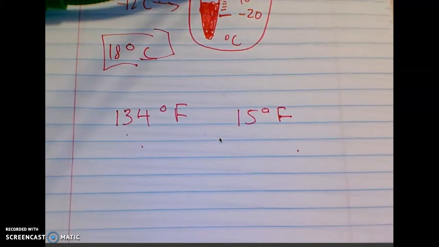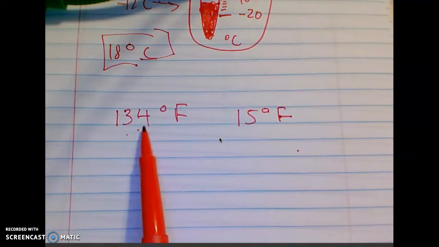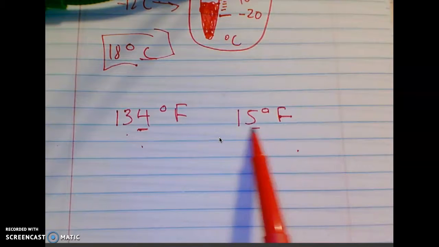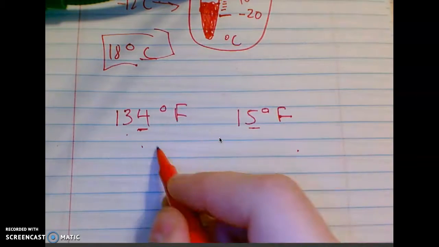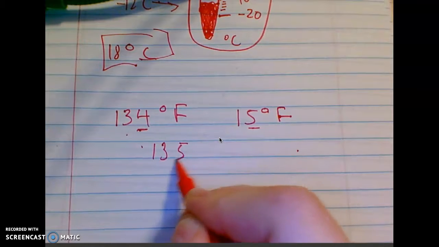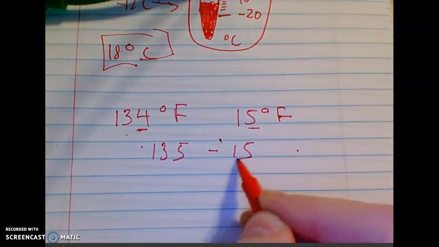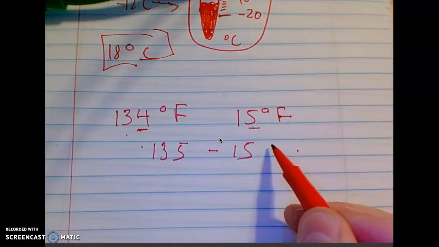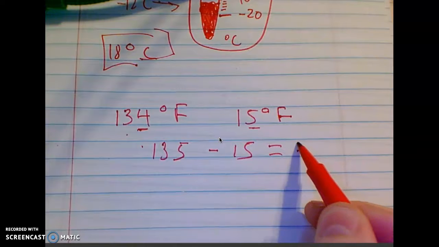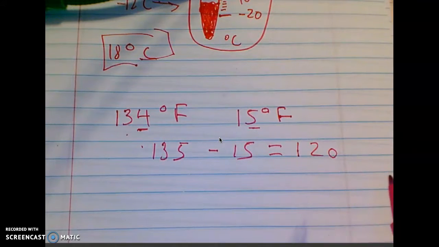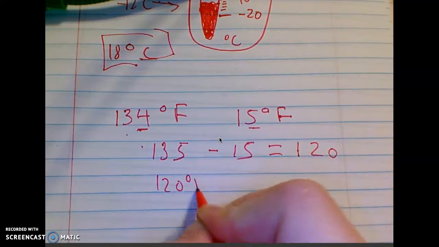When we estimate, it's really helpful if we can use compatible numbers. If we want to use compatible numbers, we can say that this is close to 135. Let's keep our 15. It's going to be real easy to subtract these numbers in our head, right? That's about 120. So the difference is about 120 degrees Fahrenheit.